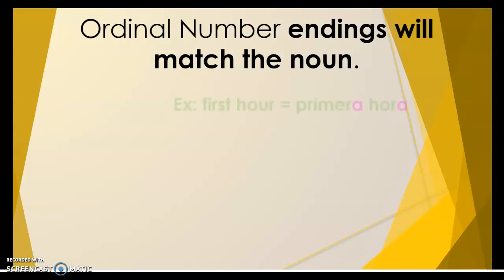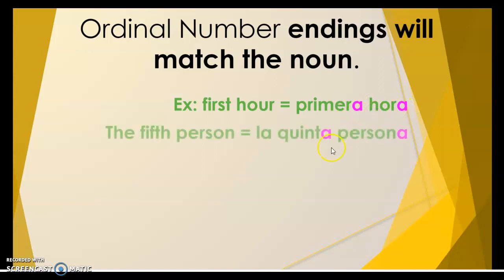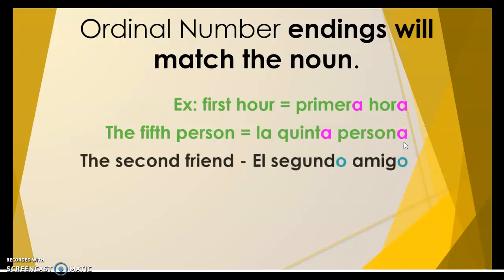You kind of saw it in the example before, but for example, first hour, primera hora. Notice this became primera and not primero because our noun is hora and it ends in an A, so we want to make sure that it matches. Next one, la quinta persona. Once again, quinto becomes quinta because we are talking about persona and this ends in an A. Now, what about this?